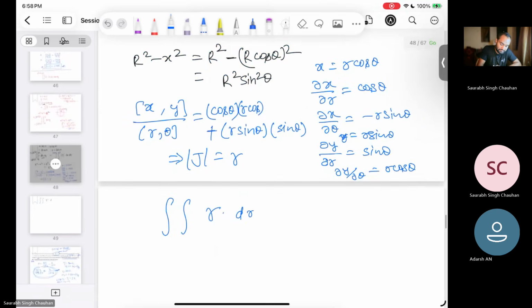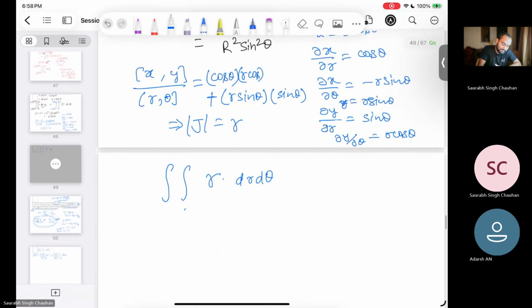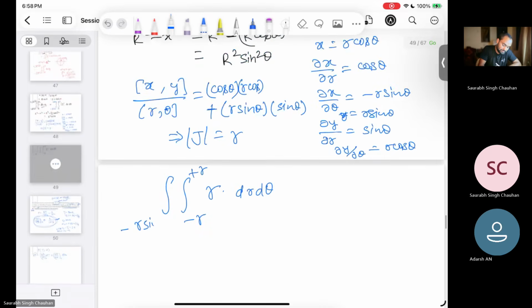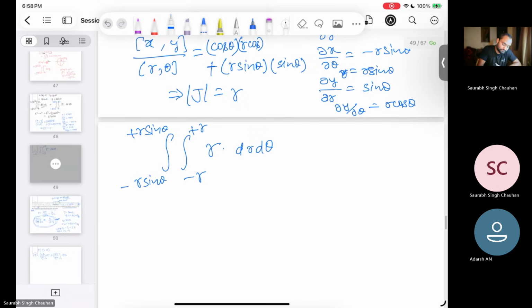And the limits are again simple: r from minus r sin theta to plus r sin theta. Now you can integrate with respect to r first. So it will become r square and you will put the limits.